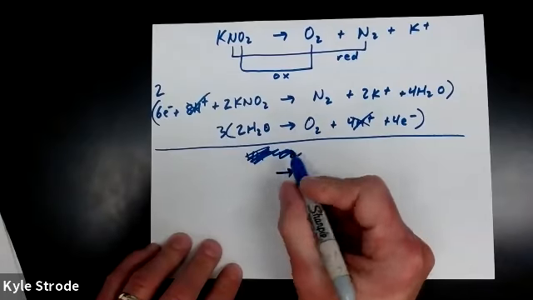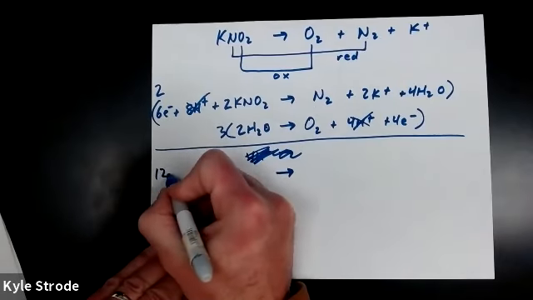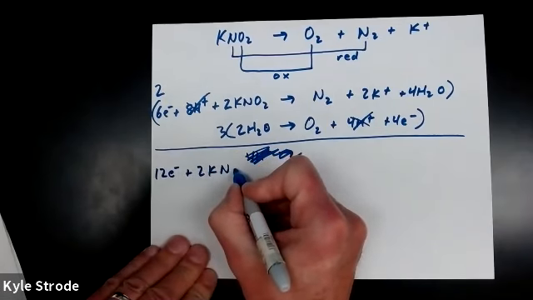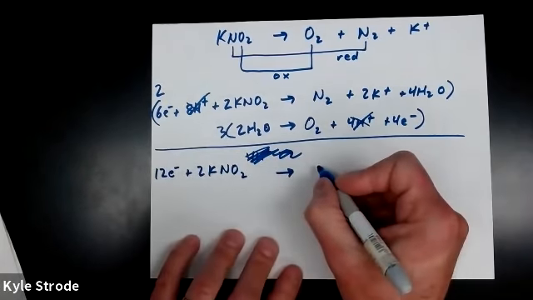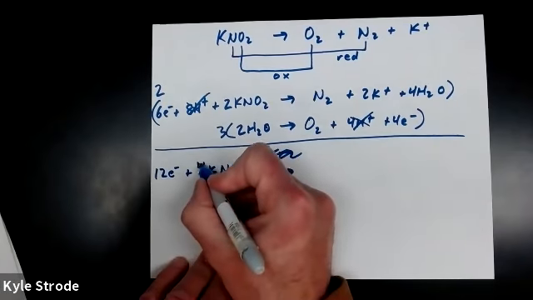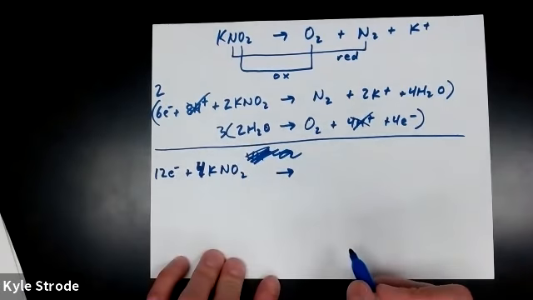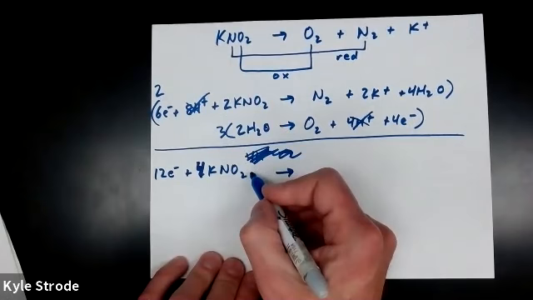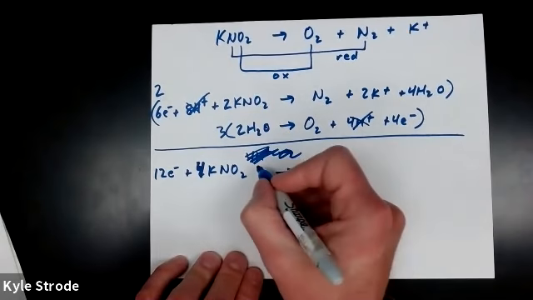So our first reaction is going to be 12 electrons plus 4 KNO2, and I don't want to forget about my 16 H plus.